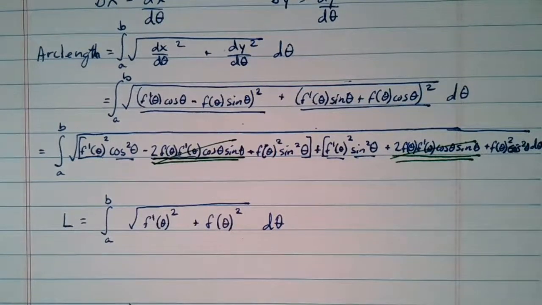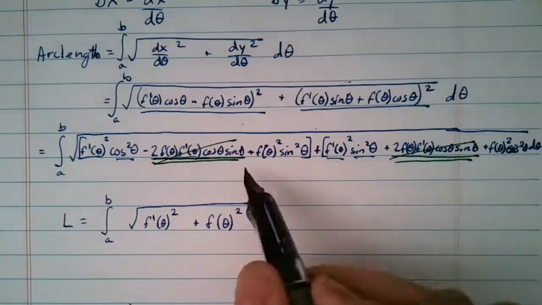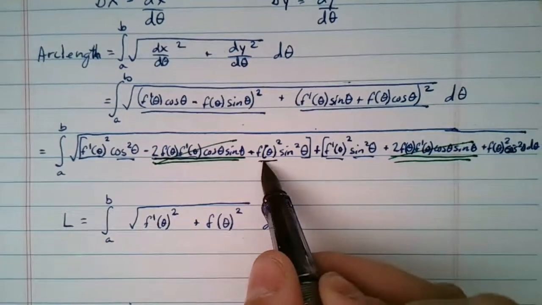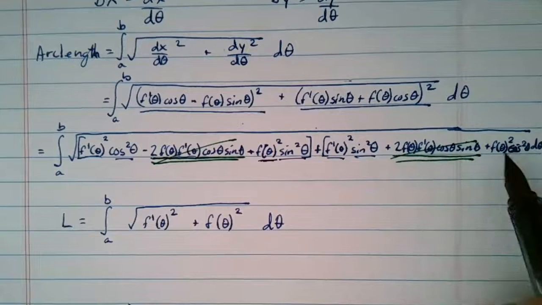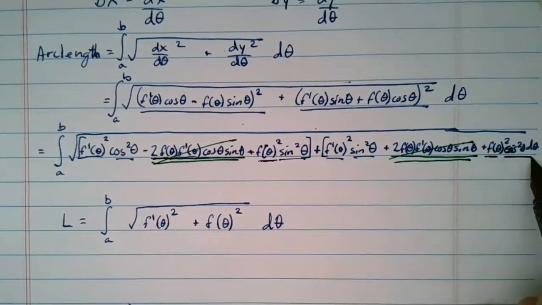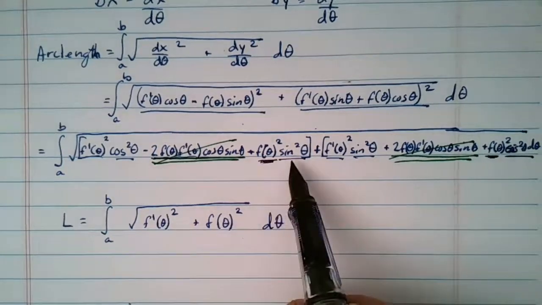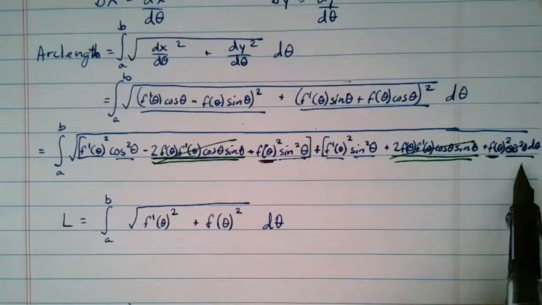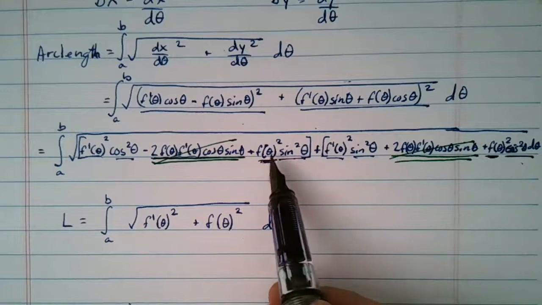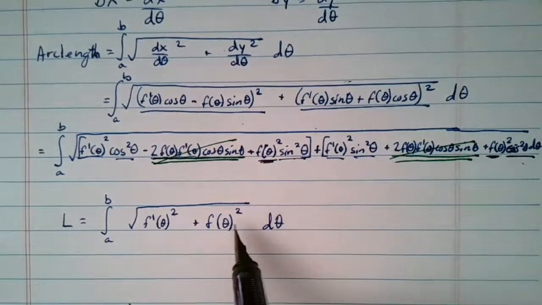Same thing with f of theta squared sine squared and f of theta squared cosine squared. If I factor out the f of theta squared, I get a sine squared plus a cosine squared, also a 1, and I'm left with f of theta squared.